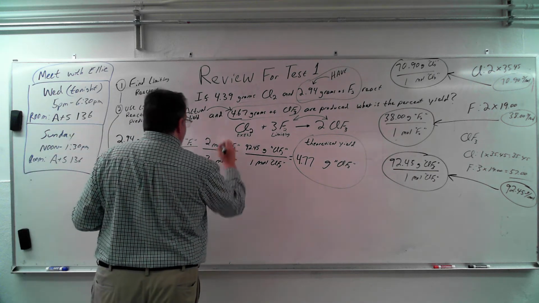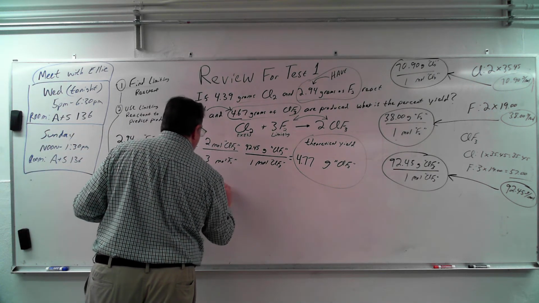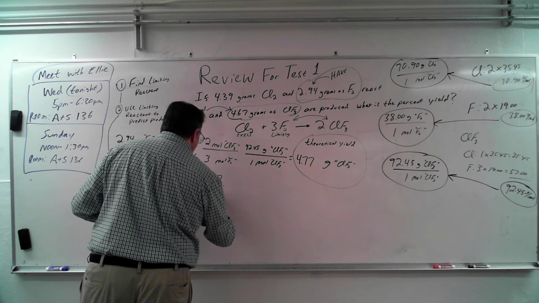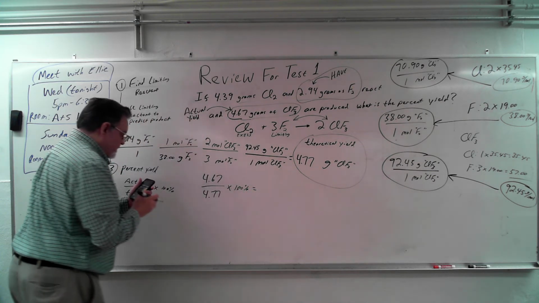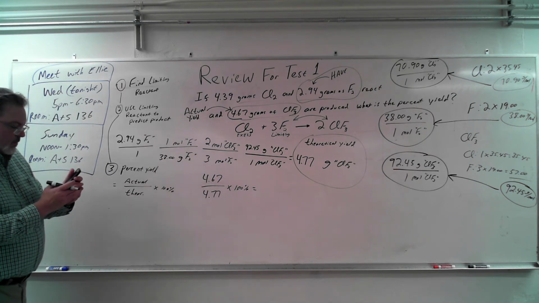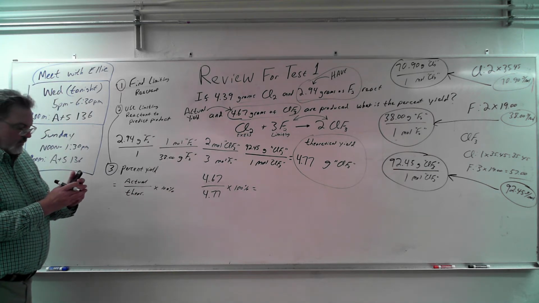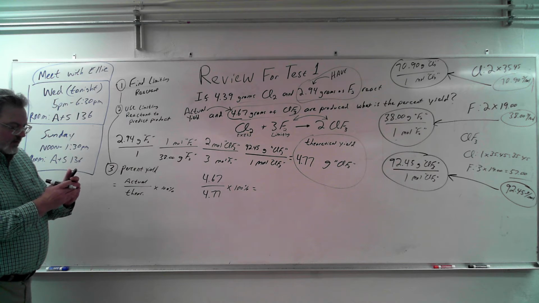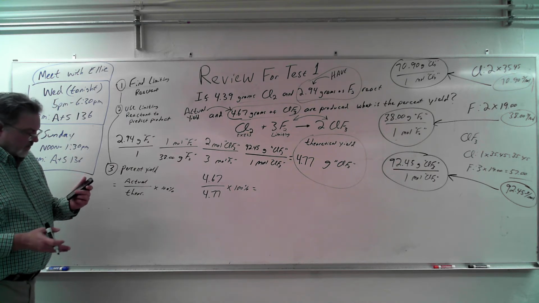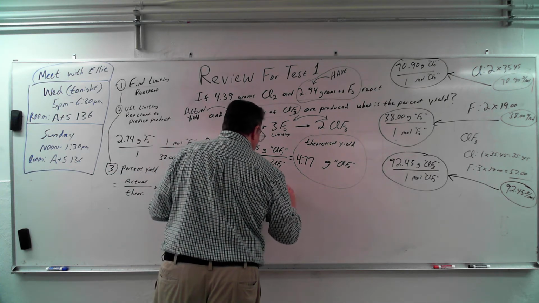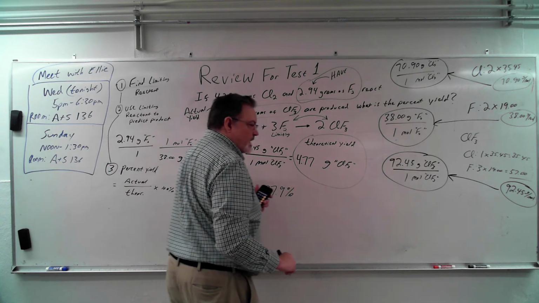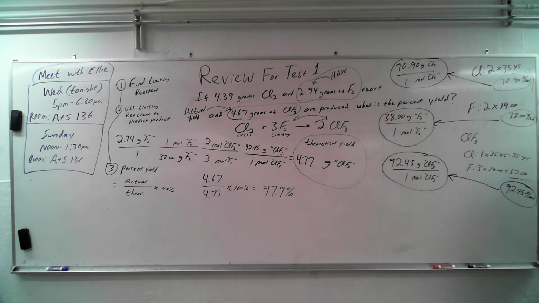So here I'm putting actual 4.67 over theoretical 4.77 times 100%. 4.67 divided by 4.77 times 100, to 3 significant figures, 97.9. That's the percent yield. Make sure I did that right. 97.9.